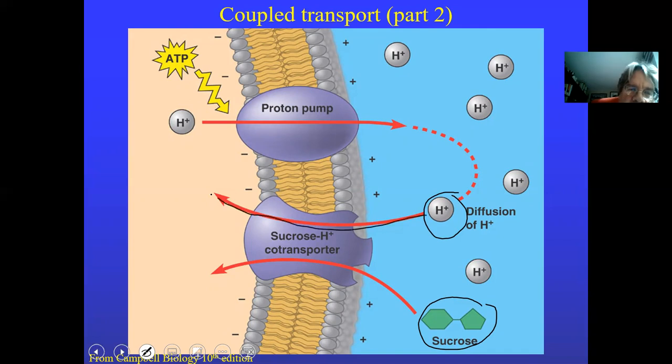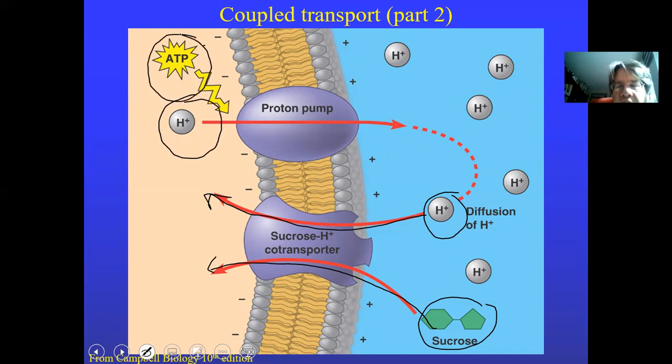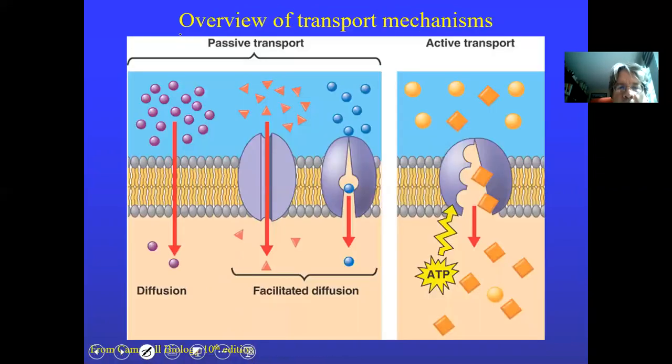So down they go, down their concentration gradient, and the sucrose goes with it against its concentration gradient. So this is considered active transport because you need to use energy to generate the proton gradient in the first place.